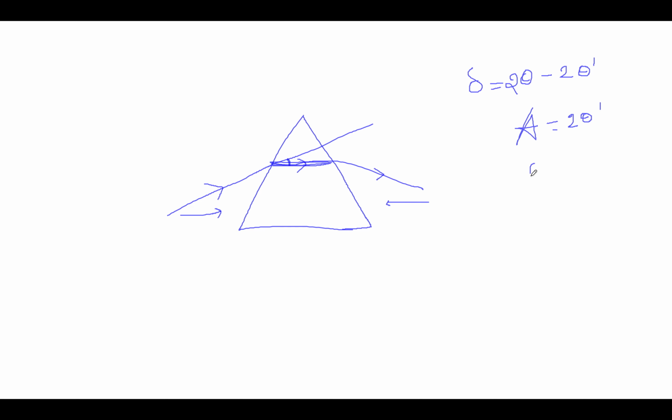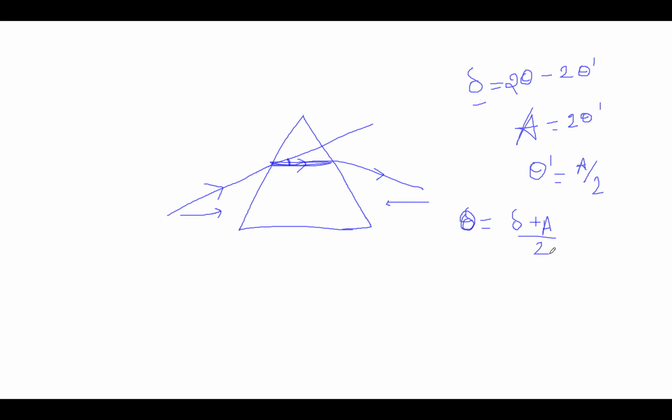Or I can write theta prime as A by 2, or from here I can write theta as delta plus A by 2, right, because 2 theta prime is A, divided by 2.